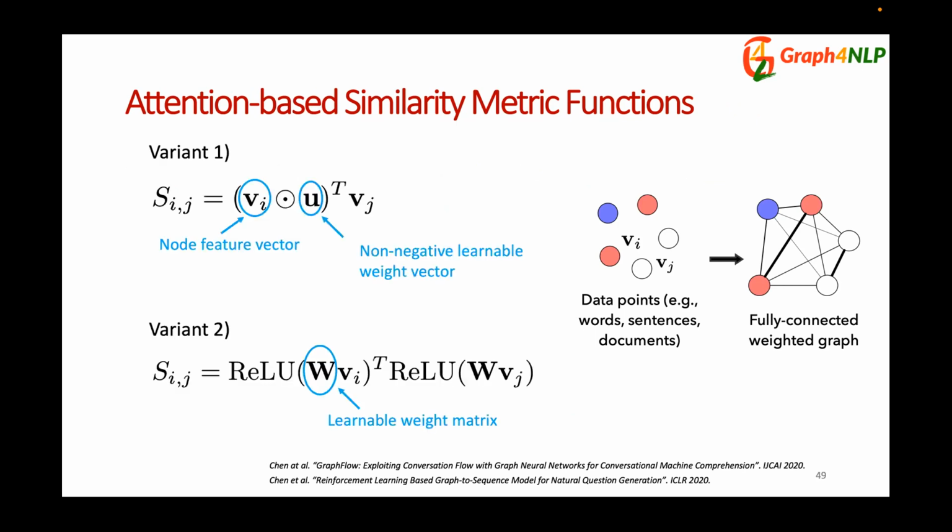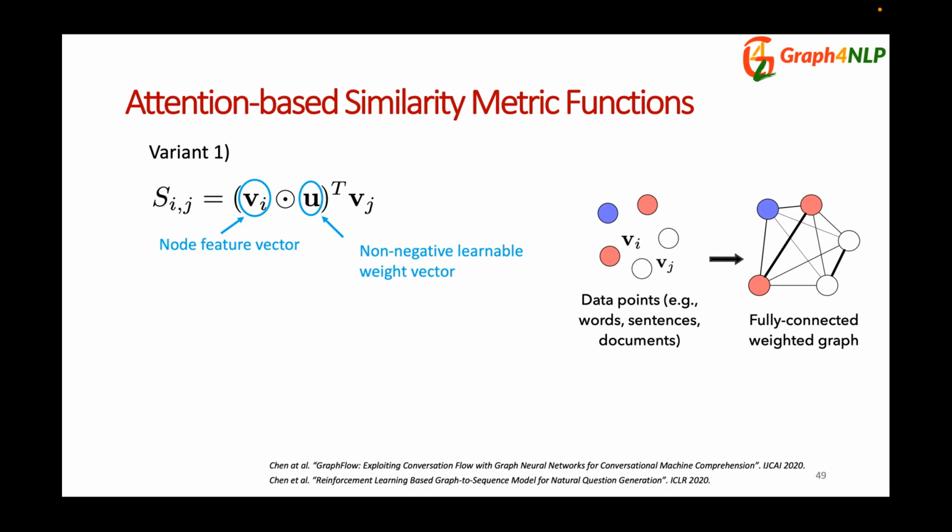Let's see two typical variants. In variant 1, v_i is the node embedding, and u is a non-negative weighted vector learned to highlight the different dimensions of the node embedding. So they have the same dimensionality.